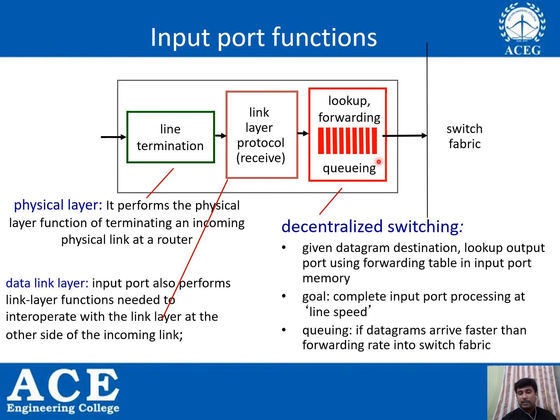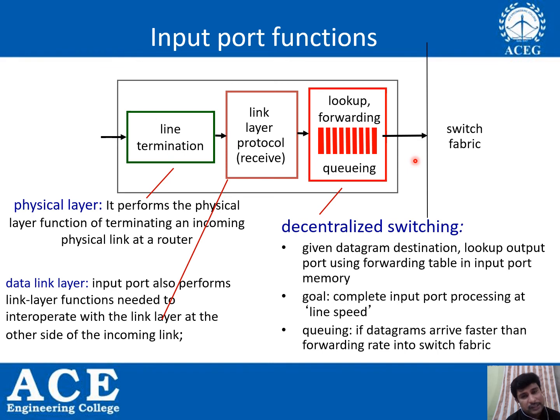So this particular third block, which we are referring to as decentralized switching, is trying to maintain a queue when the datagrams are received at a greater speed than the capacity of the switching fabric. So there are three important parts of the input port. The first one is line termination, through which we receive the datagram into the router.